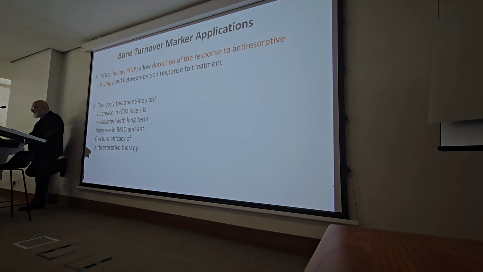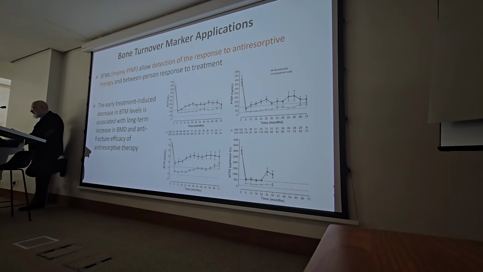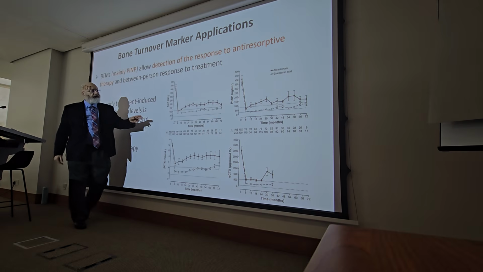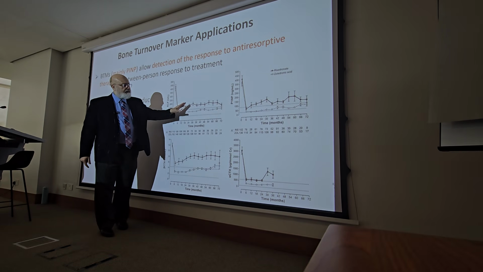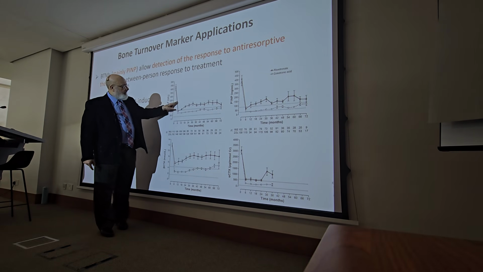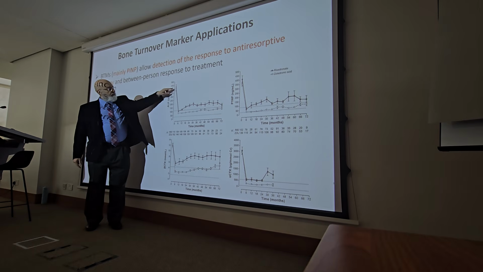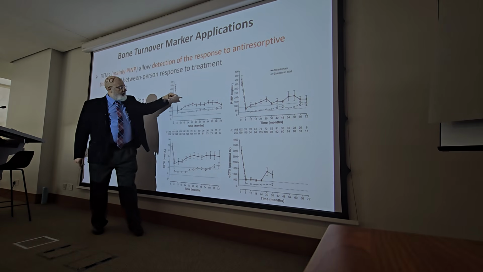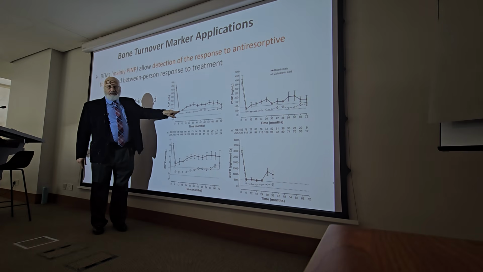So, again, mainly they use the PINP detection for response of anti-resorptive treatment, and this is just the graphs of some publication comparing two different drugs. These are both different types of bisphosphonate, and you can see these are the bone turnover markers. You can see they're very high, starting with this on all these patients, and then after you give them 6 months, they drop.